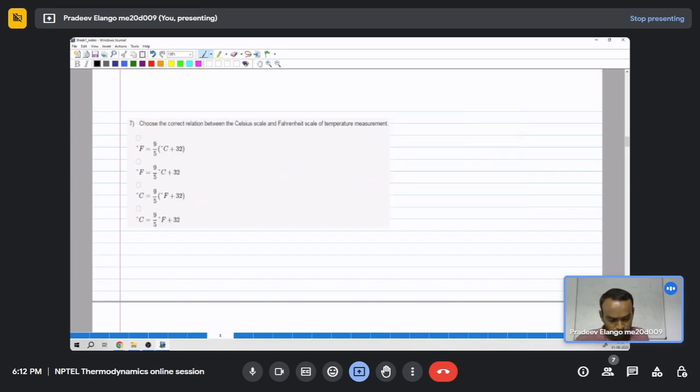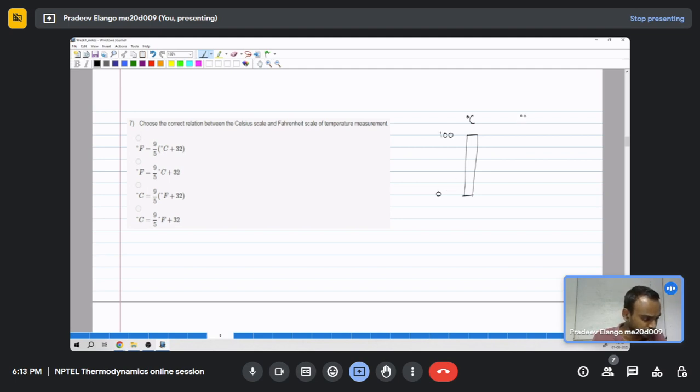Choose the correct relation between Celsius scale and Fahrenheit scale. This you can think of the boiling point and the melting point of water. So in the Celsius scale, the melting point of water is 0 degree Celsius and the boiling point of water is 100.